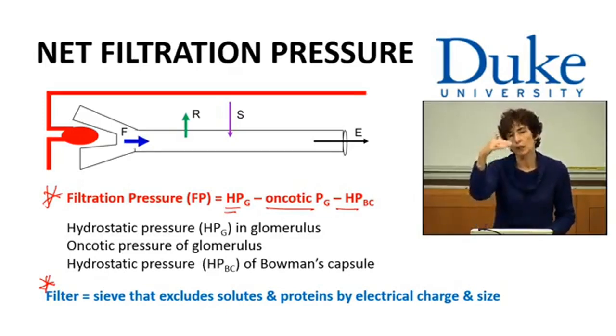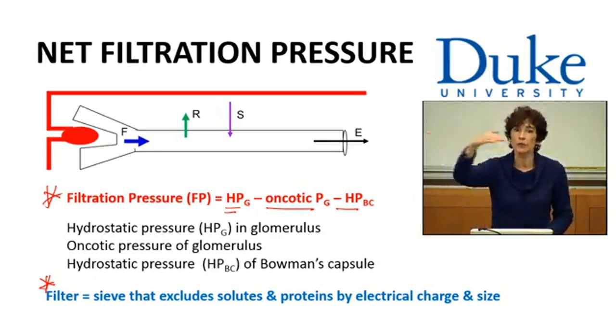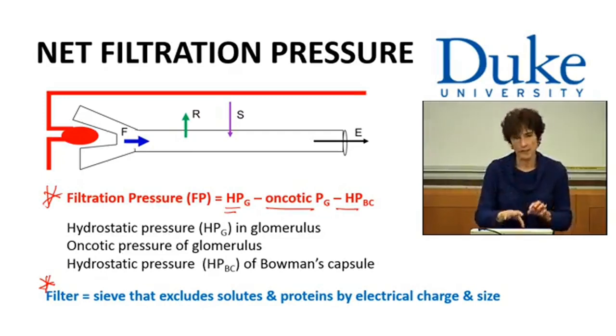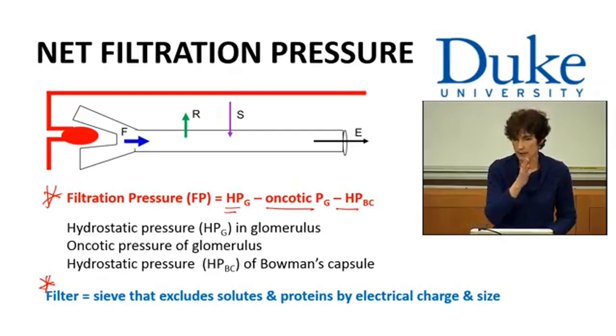Reabsorption, instead, occurs along the peritubular capillary, where the peritubular capillary has differences in these pressures, and we'll talk about that in the next lecture. But for right now, we want to remember that the net filtration pressure in a normal kidney is such that you will have a filtration event generating the filtrate within this region of the tubule.